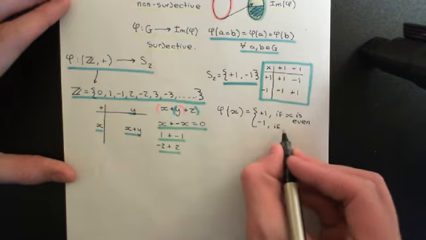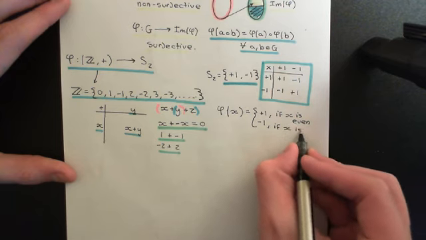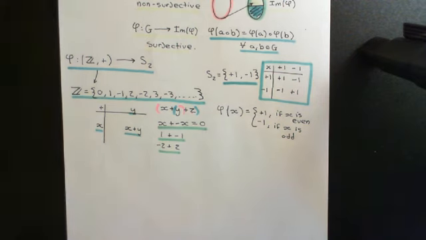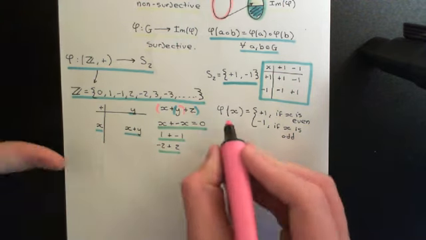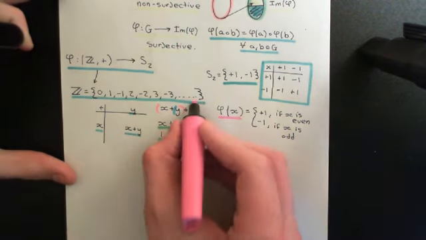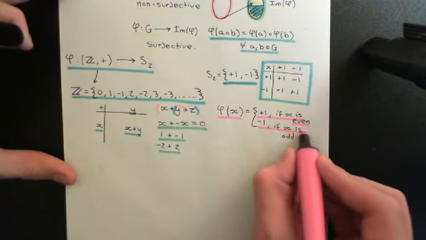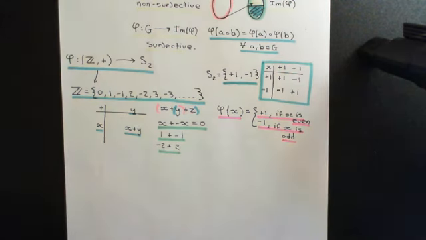And of course all the odd numbers are going to then go on to -1. So if x is odd, I'm going to send it onto -1. That's a perfectly valid mapping. It sends absolutely every single one of these integers onto an element in my S2 group over here.